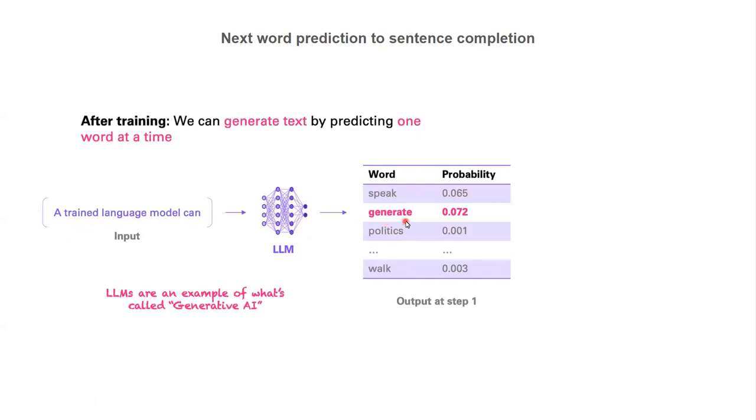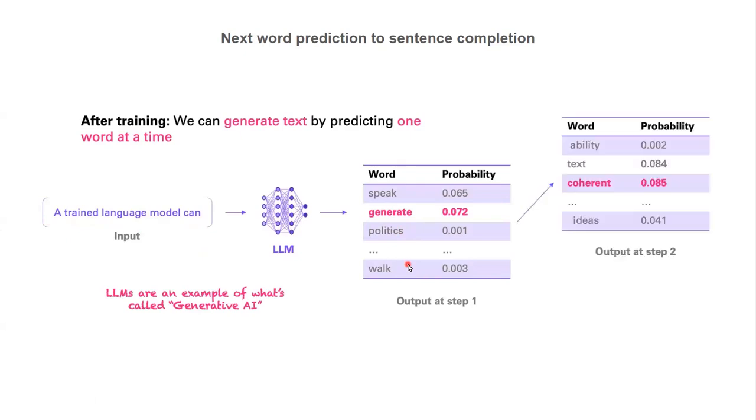So we use that, and we use it as input again along with the previous input, and ask the LLM to generate the next word. So you get coherent. Then you use coherent and the previous text that's available and ask the LLM to generate the next word, and so on. You repeat this until you reach the end of the sentence or a logical end. That's how prompt completion happens in large language models.